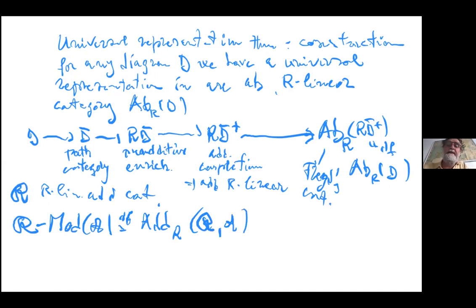And the theorem, which is essentially Freyd's theorem, you can also find in books, is that this is representable. I mean, I rephrase it; you don't find it in the book in the way I am presenting it.